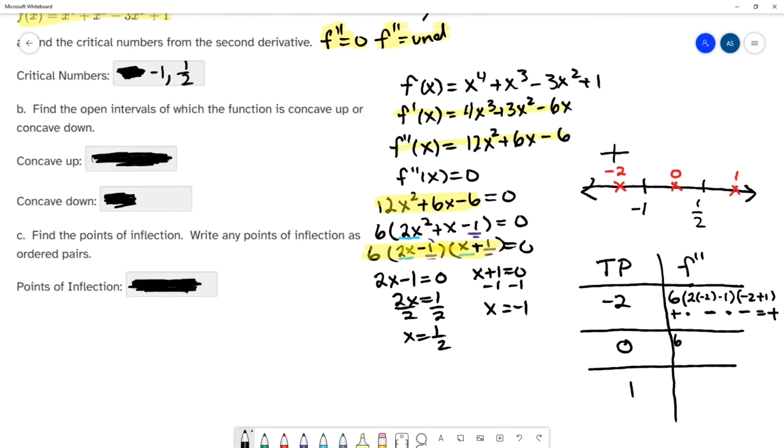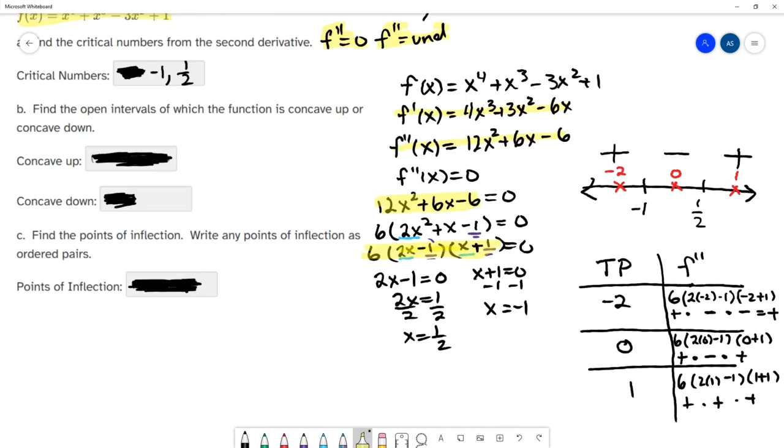And I have 6 times 2 times 0 minus 1 times 0 plus 1. And this is a positive times a negative times a positive. So that interval is negative. And the last one, 6 times 2 times 1 minus 1 times 1 plus 1. That's a positive times a positive times a positive. So this last interval is positive.